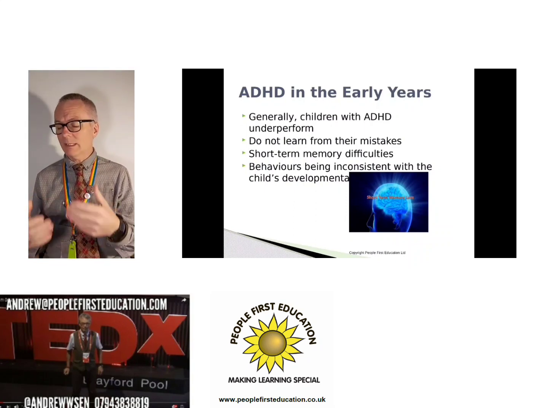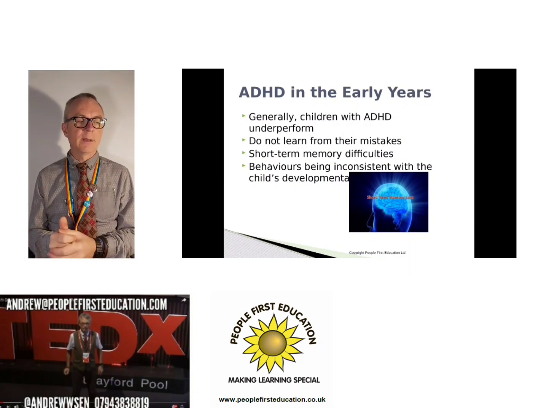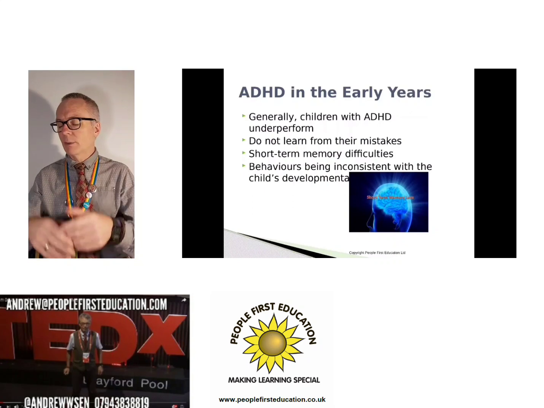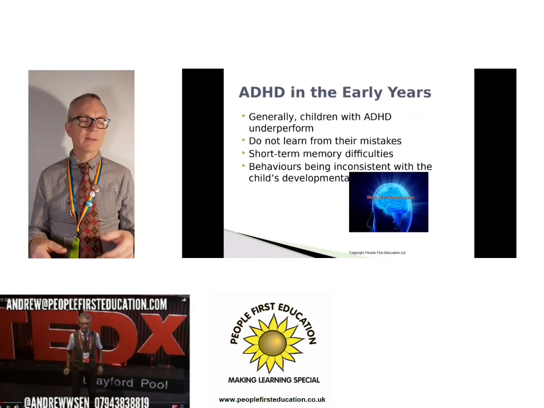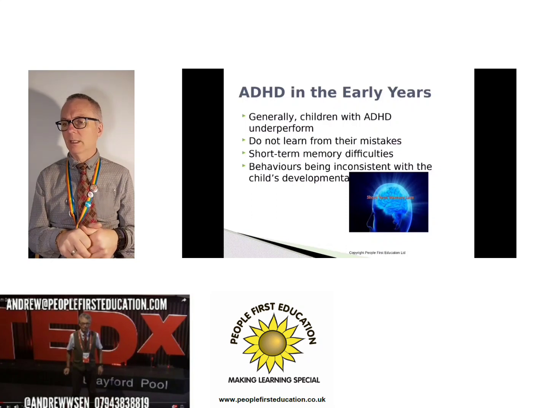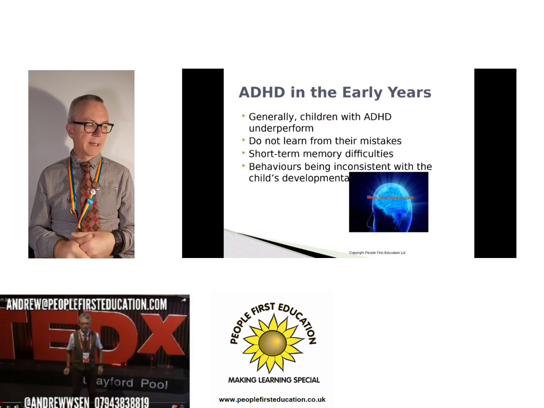They will keep repeating the same errors over and over again. They will have short-term memory problems, and their behaviours will be inconsistent with the expectations of child development. So if you get your Sheridan out, birth to 5 years, they won't be hitting some of the landmarks in that text or those similar texts.